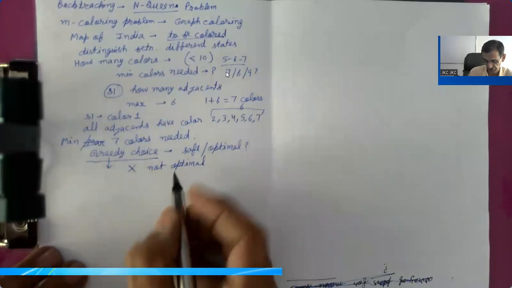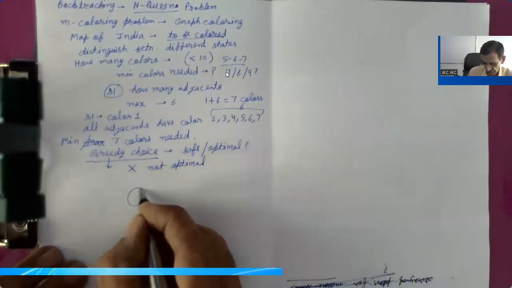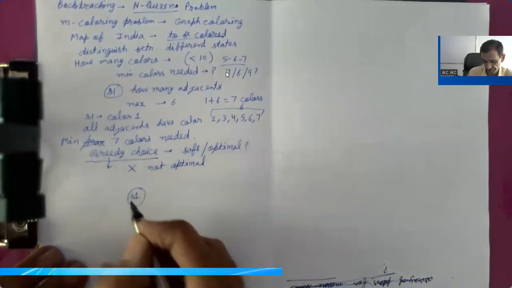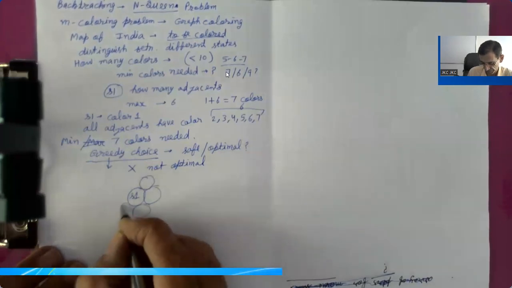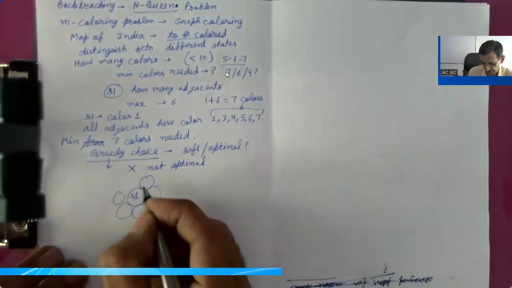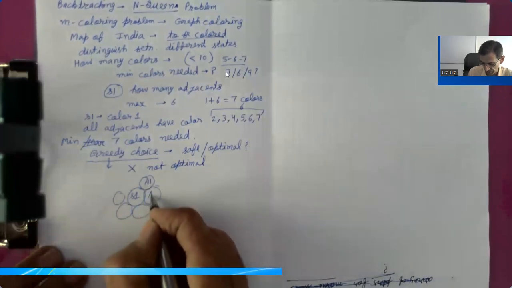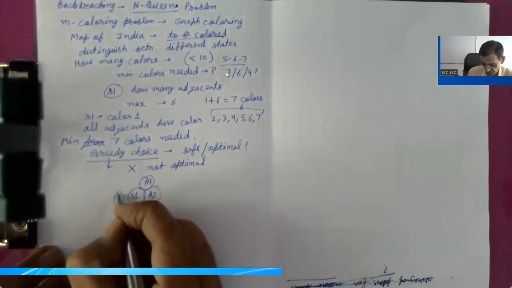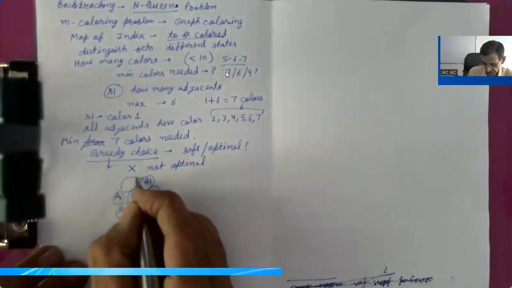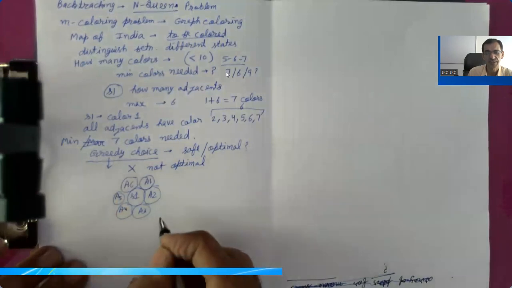The reason is simple. Let's say this is state S1 and it has 6 adjacents: adjacent 1, 2, 3, 4, 5, and 6.